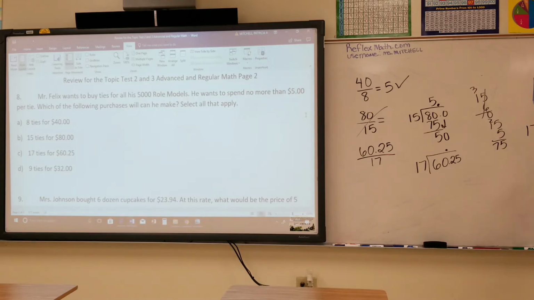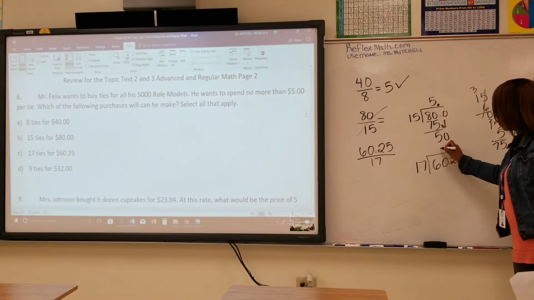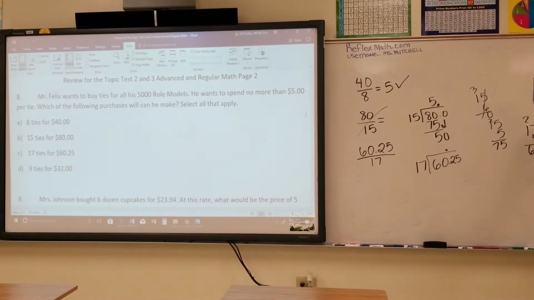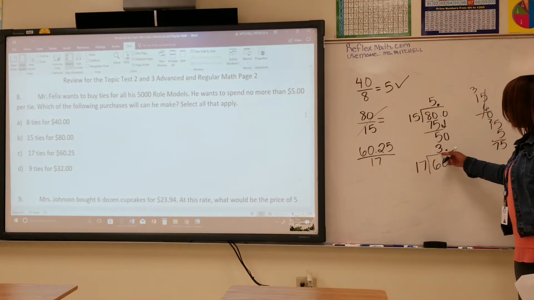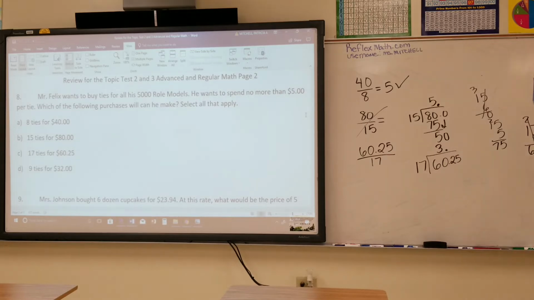Let's try 4. 4 times 7 is 28. 4, 5, 6. Oh, good. All right, so 4. Nope, too much. So 17 and 3. 3 times 7, 21. 3, 4, 5. Yep. All right, so 3. Look at that, 3. No need to go further.